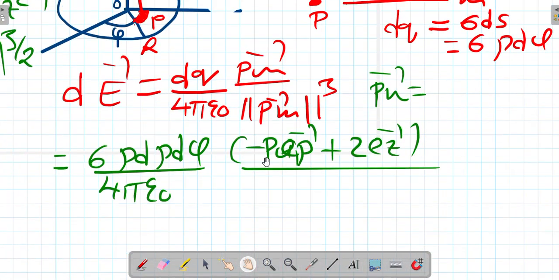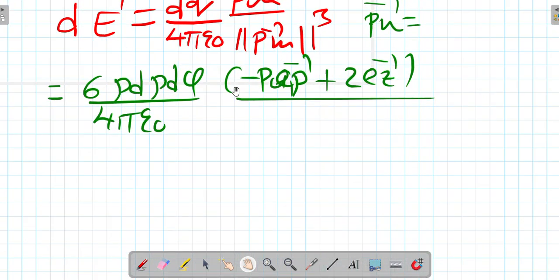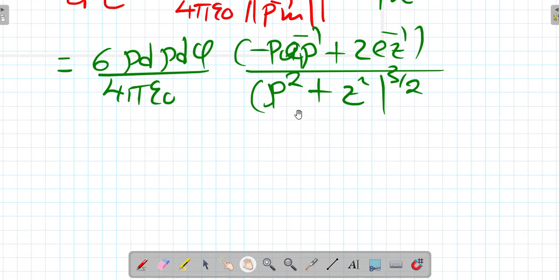The magnitude of PM to the power 3 is rho squared plus z squared to the power 3 over 2. Now you can decompose this into two. As I said, I'm going to ignore this part.